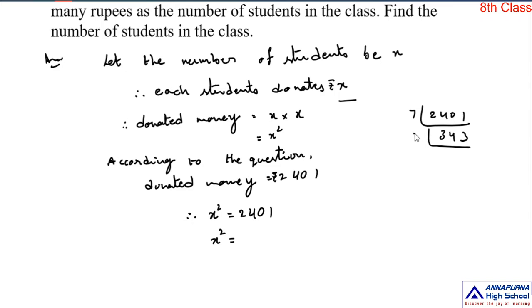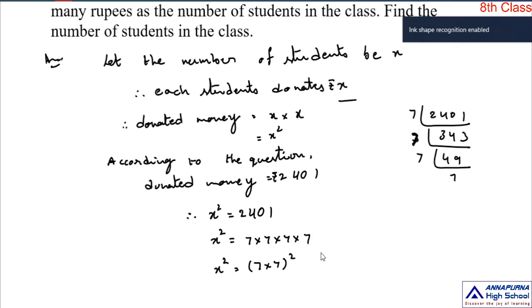And again this 343 is divisible by 7. How many times? 49. And 49 is divisible by 7. How many times? 7 times. So prime factorization is 7 into 7 into 7 into 7, means it's 7 into 7 whole square.